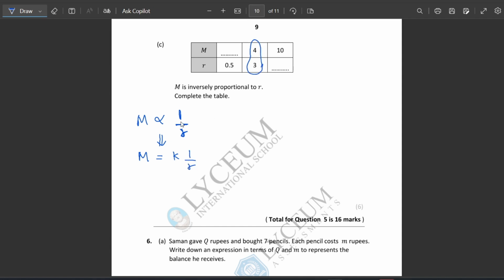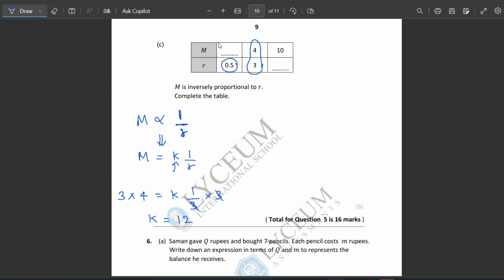With these two values, we can find the k. So M is 4, k times 1 over 3. I want to get rid of this 3 to find k, so I multiply both sides by 3. Now k equals 12.